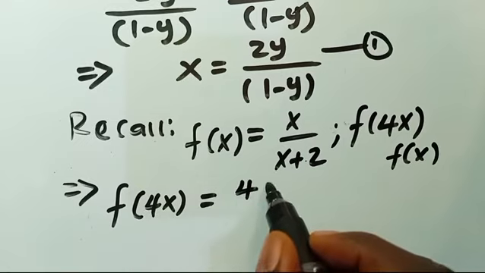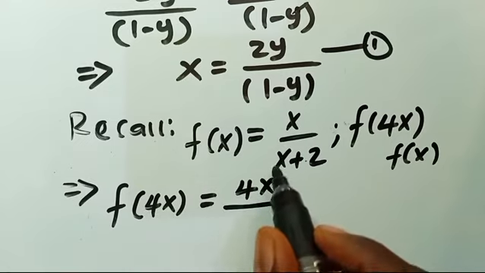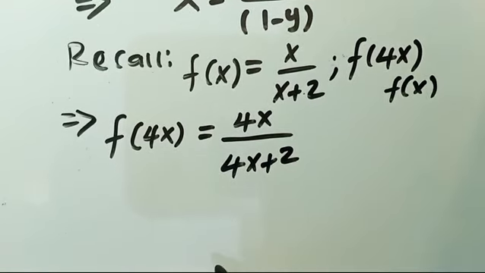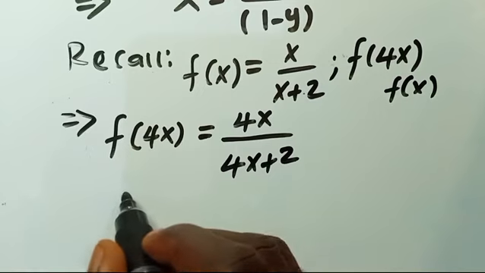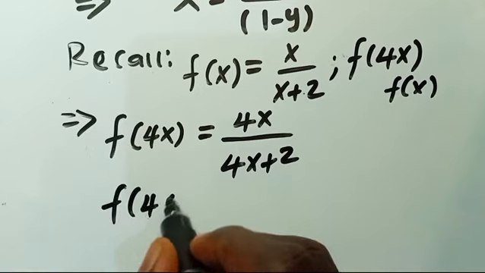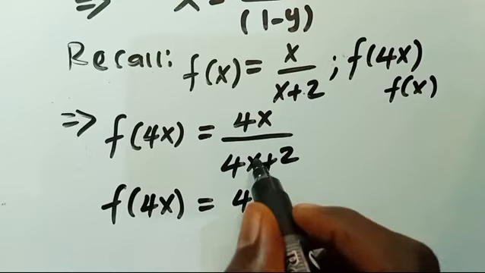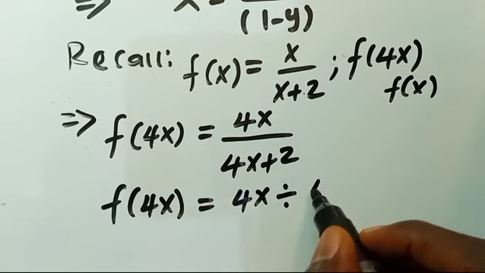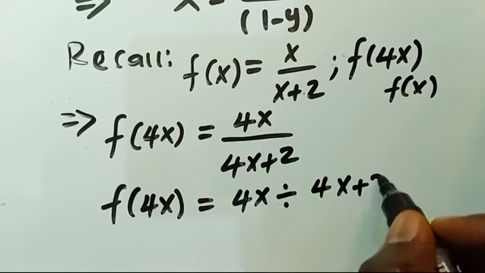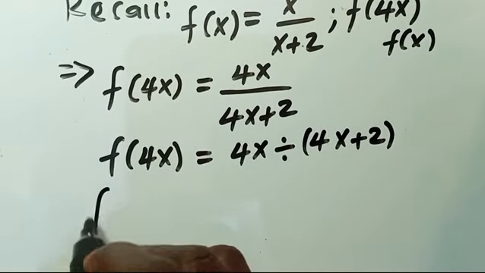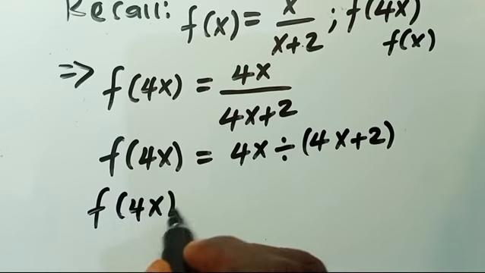So here will be 4x over, from here we have 4x plus 2. So we have f of 4x equals 4x divided by 4x plus 2. Let's have them in parentheses.